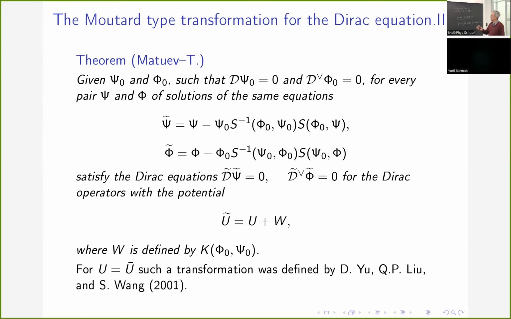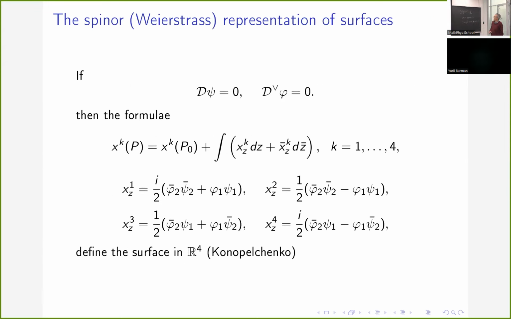It was transformed and rewritten in order to see the relation to surface theory, because it was quite clear that it has to have a geometrical meaning, since these Dirac operators are related to surfaces in R3. So it was rewritten, some terms were swapped, and now it has this form. What is this form? There is a representation of surfaces.